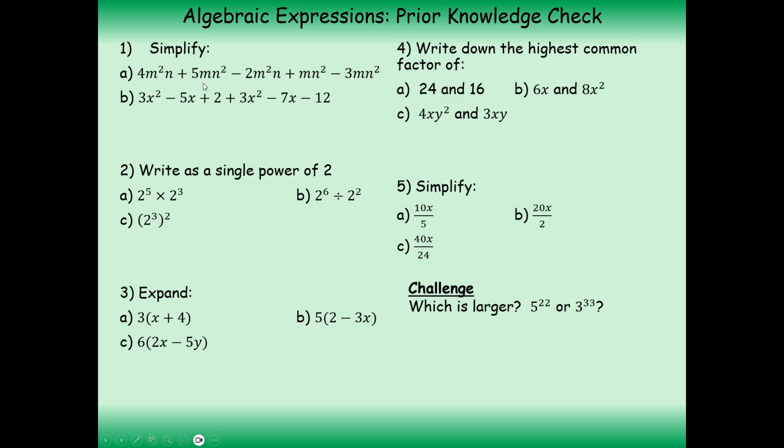So this m squared n matches with this m squared n, and make sure you take the sign of the number with it, to add up to 6m squared n, and these m n squared are different terms. So those terms that are underlined in a straight line add up with each other. So you will end up with such an answer.